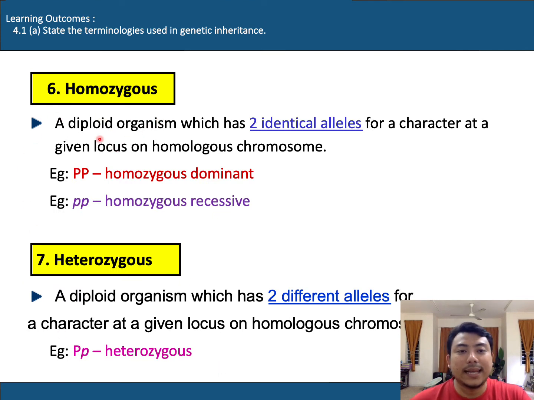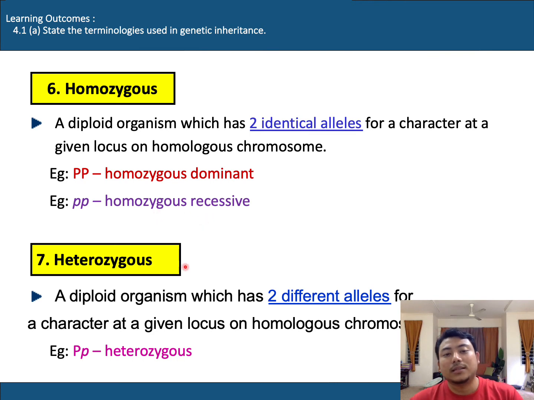Homozygous, okay, it starts with the first 4 letters here: homo, sama, serupa, sejenis. It's a diploid organism which has 2 identical alleles for a character at a given locus on a homologous chromosome. For example, P besar P besar is homozygous dominant, P kecil P kecil is homozygous recessive.